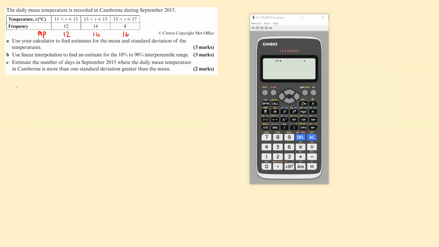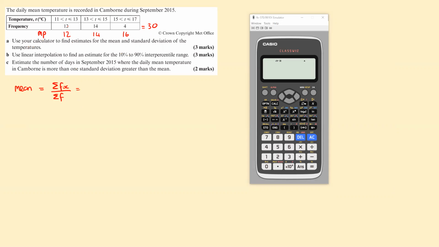To find the mean then, the formula is the sum of f x divided by the sum of f. So remember, f x in this case is the frequency times the midpoint, and the sum of the frequency is how many days are in September. So in this case, this is 30. It does say use your calculator, but I'm going to do it manually quickly and show you the process.